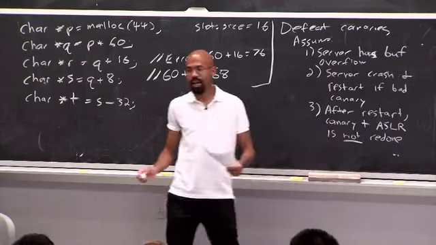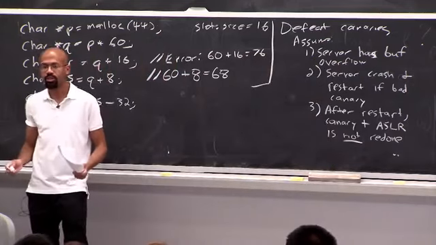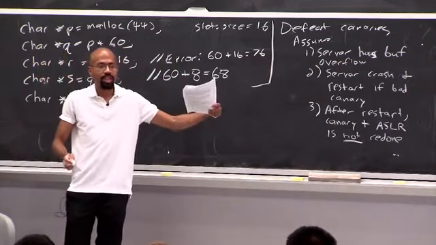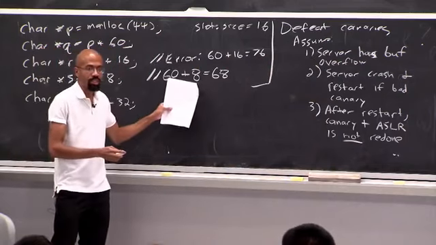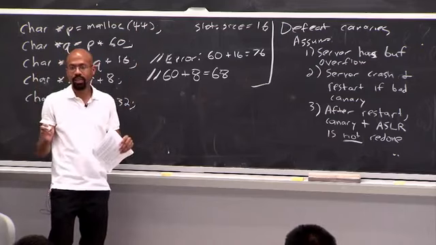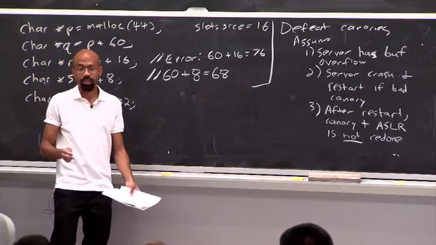Right? So what that means is that we're going to assume that if we can somehow crash the server, then when the server restarts, it's going to have the same value for the canary, and it's going to have the same locations for all the quote-unquote randomized stack, heap, and code information that it has.